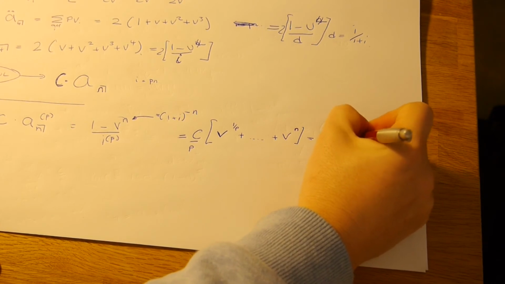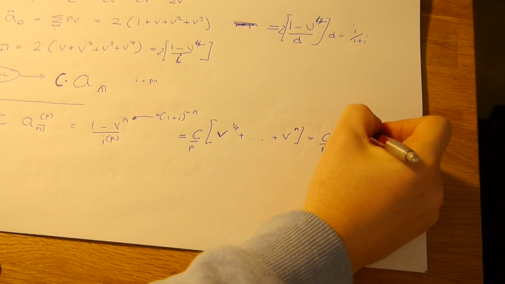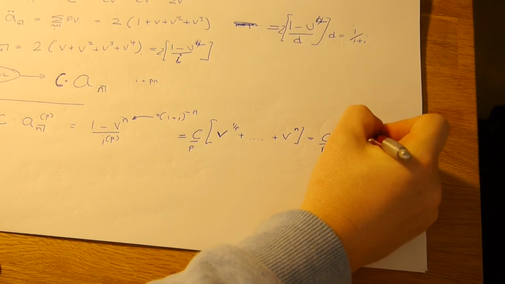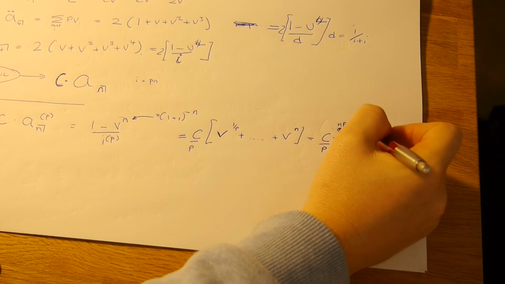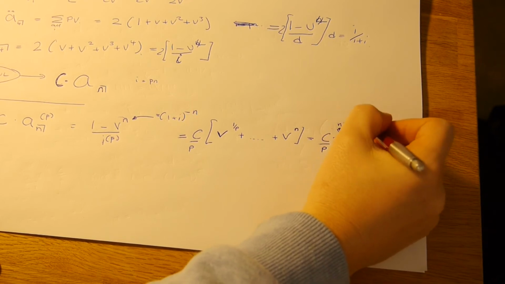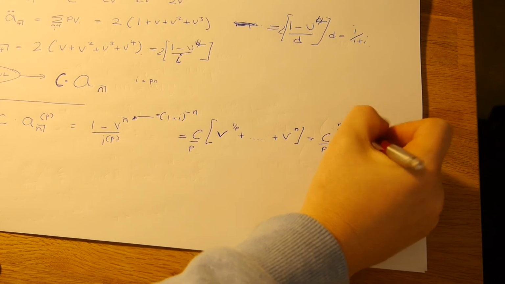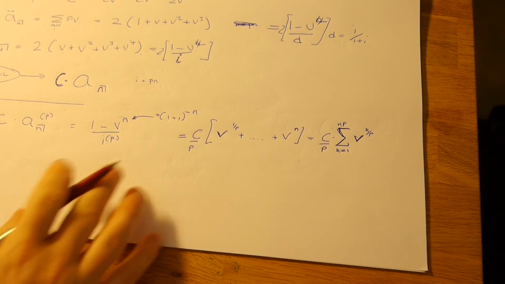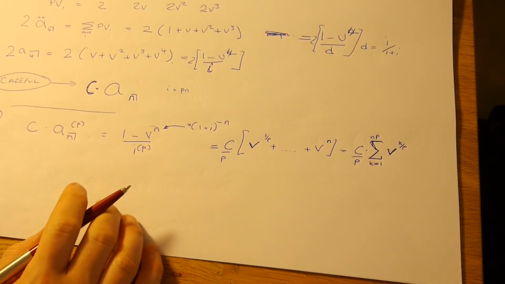So the power for your discount factor becomes your count variable, the k, over p, I think. So what happens at np? np over p gives v to the n, so good, yeah, that's right.